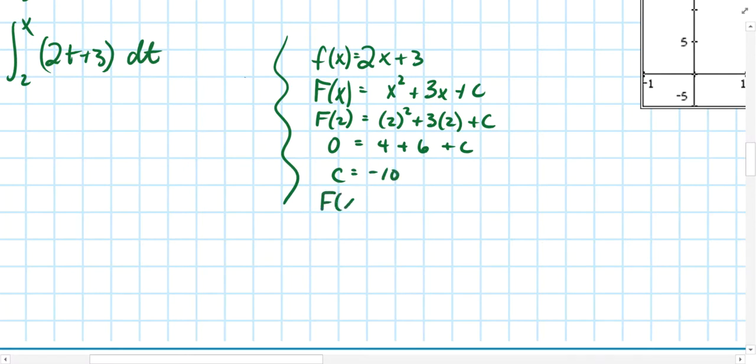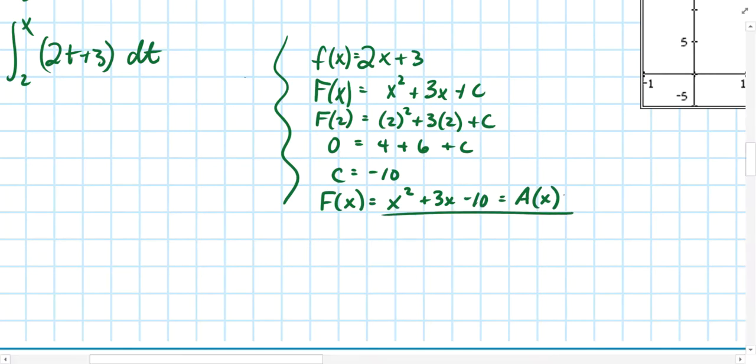So as it turns out, our antiderivative with our initial value, so that we can locate this correctly, is x squared plus 3x minus 10. And this function is indeed our area function as well.